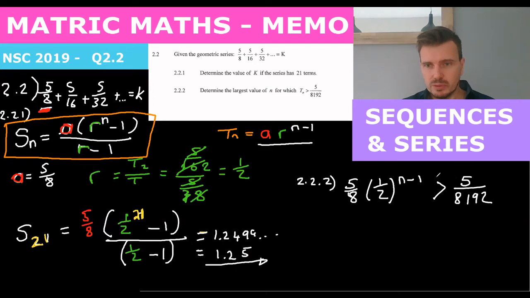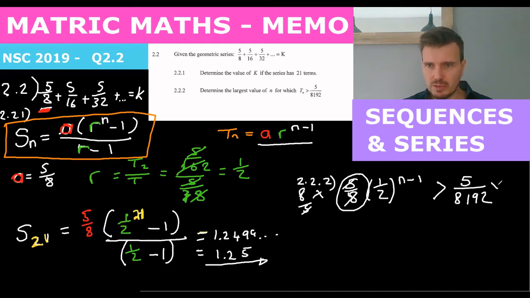So let's simplify this. We need to get n. Let's get rid of this 5 over 8, because then we have a half to the n minus 1, which we can do something with. So we'll just multiply both sides by 8 over 5, because then these cancel to 1.